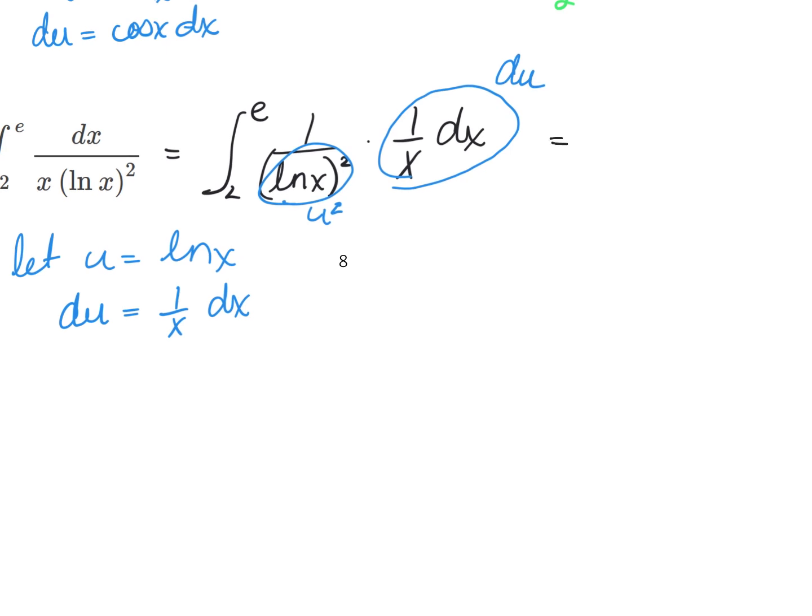So this integration becomes 1 over u squared du. And as I've said multiple times, I'm going to replace my limits of integration rather than using dummy variables.